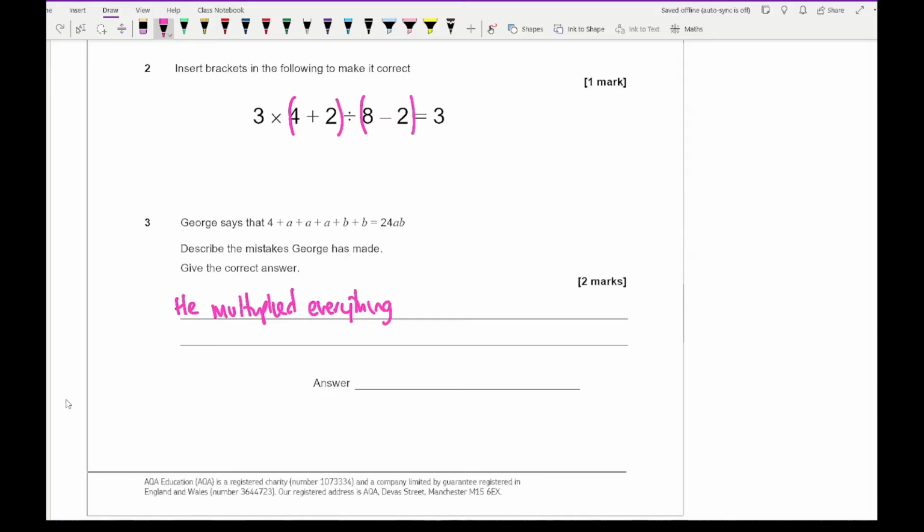The correct answer should be 4 plus 3a plus 2b. And what George has done is he's multiplied the numbers and then stuck the a and b together.